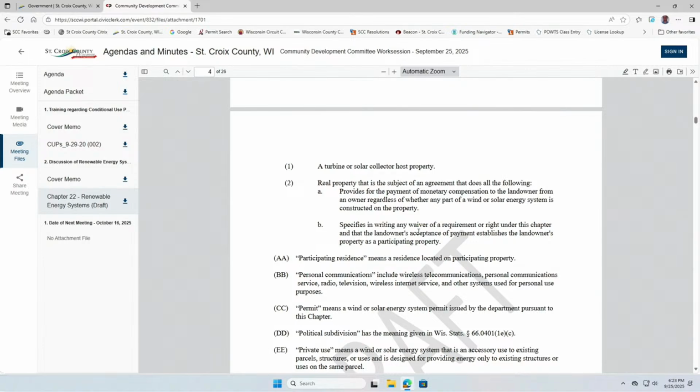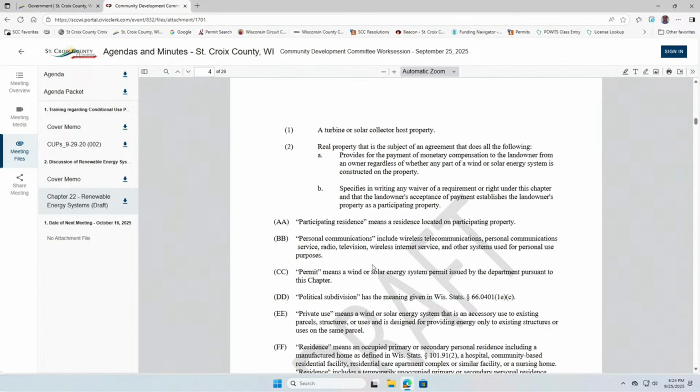So if the adjoining landowner gave up their rights for a setback, that would be a participating property because they have given consent. And a participating residence or household is a residence on the participating property.